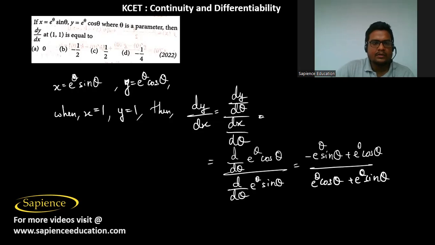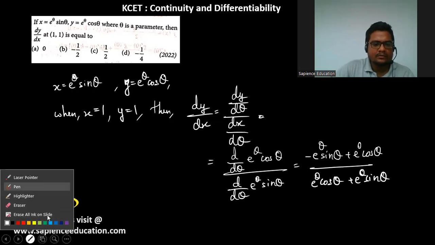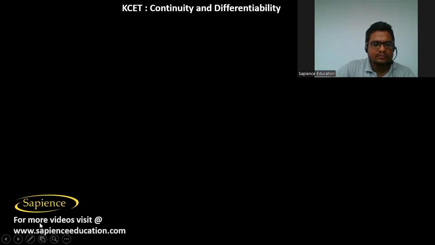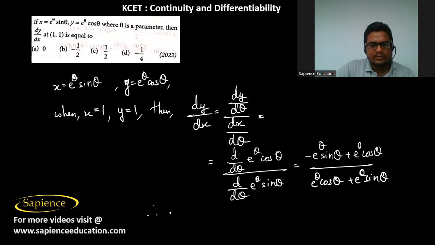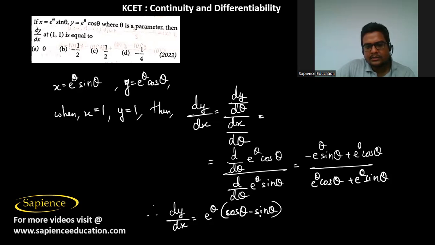So therefore dy by dx will be equal to, taking e power theta as common, cos theta minus sine theta, divided by e power theta into cos theta plus sine theta.